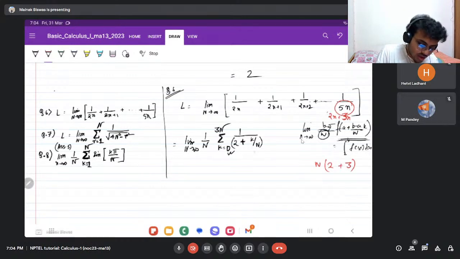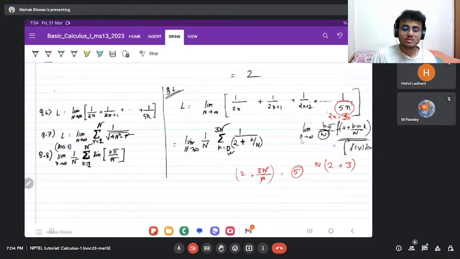Just put k equal to 3n, you will understand. 3n by n plus 2 is equal to 5, right? Agreed? So you need the denominator to be 5. That's what we are trying. And then you can multiply n outside, you will get 5n. So starting from 2, it's going to 5. Agreed?